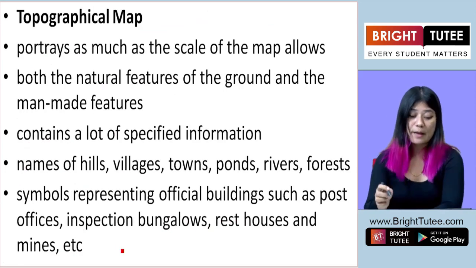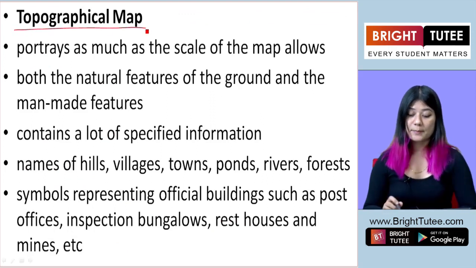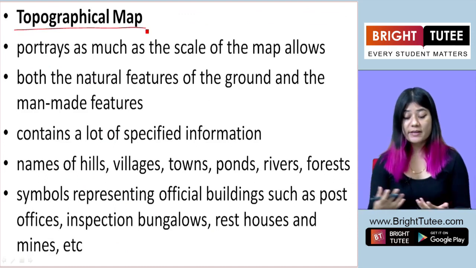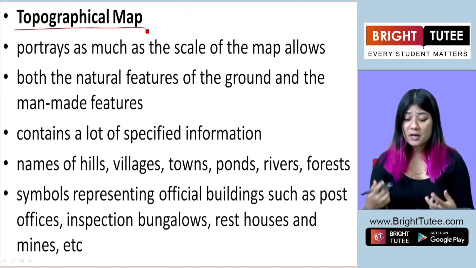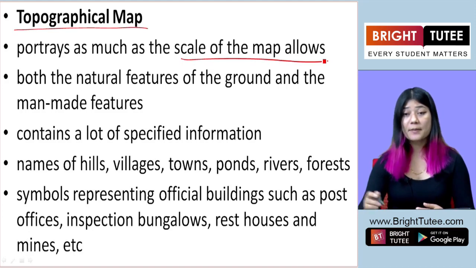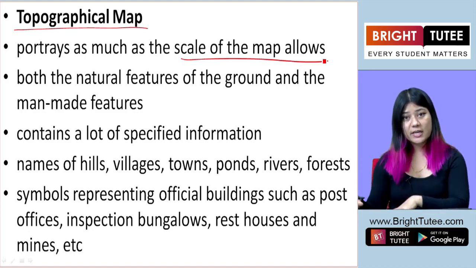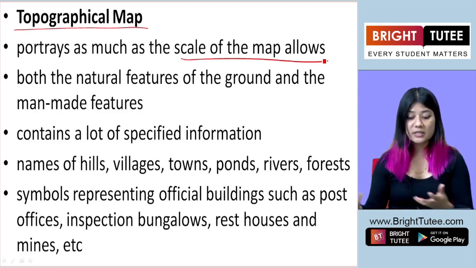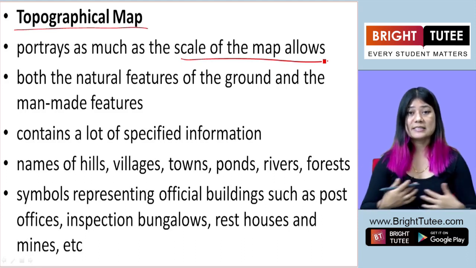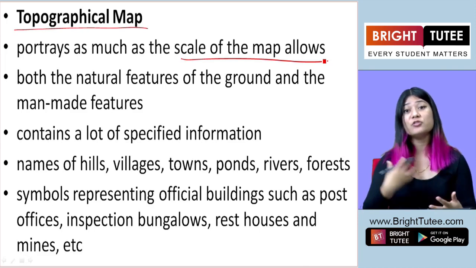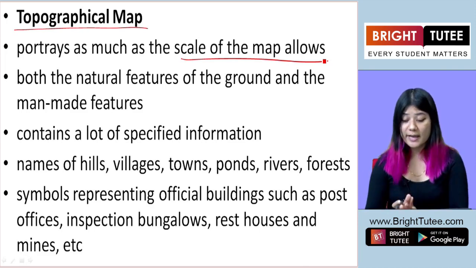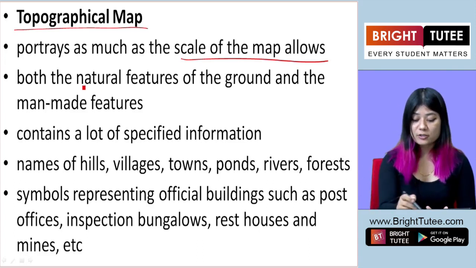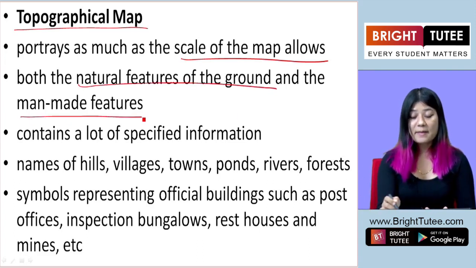The next type of map is called a topographical map. Now these topographical maps show the area as much as the scale of the map allows. They try to portray exactly the area as it is on the ground. Topographical maps show both natural features as well as man-made features.